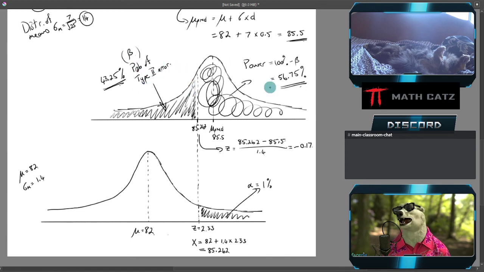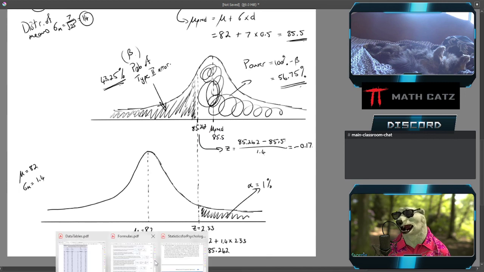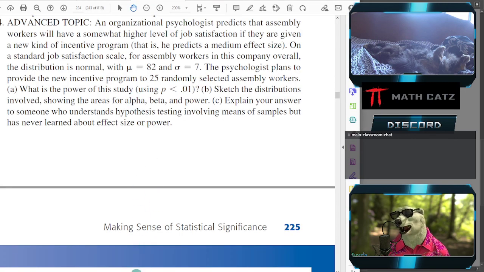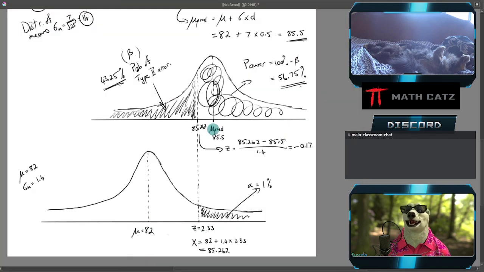And I can rephrase that in terms of the power. The bigger the change, the bigger the effect of this incentive program, the more the top distribution is going to shift, in this case, to the right.